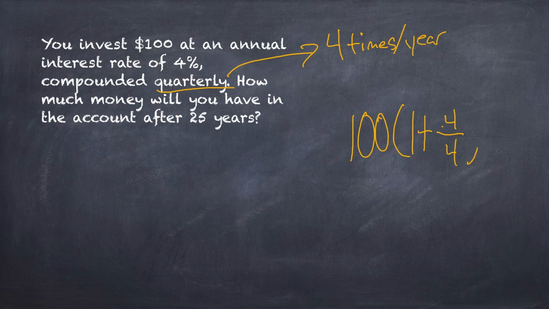So over 4 times 25, how much will you have in 25 years? So this is our equation. So all we have to do is put this into a calculator. 100 times 1 plus 0.4 over 4 to the 4 times 25.